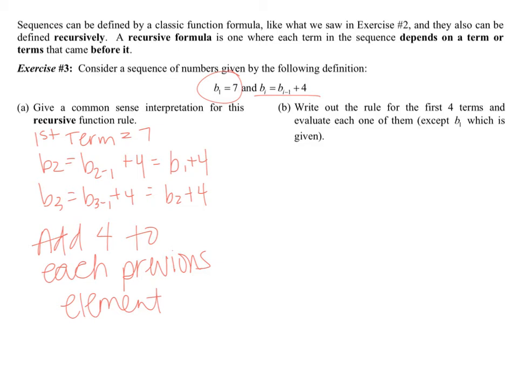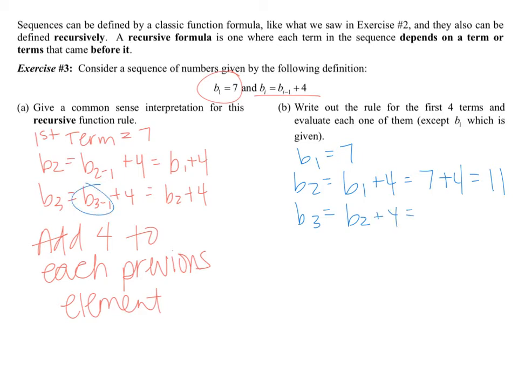So just like we had over here on the left-hand side, our first term is 7. Our second term is going to be b of 1 plus 4, which is 7 plus 4, which is 11. Our third term is going to be b of 2 plus 4, and our second term was 11, plus 4 makes 15.